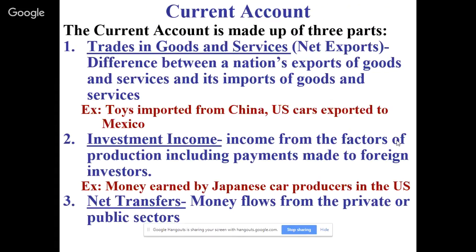He rents the house and he receives income every month. Those payments that he receives are income. So that's going to be part of this current account. And the last part of this current account is net transfers, which is just money flows from the private or public sector. For example, let's say donations. Donations from USA to a foreign nation are considered transfers.